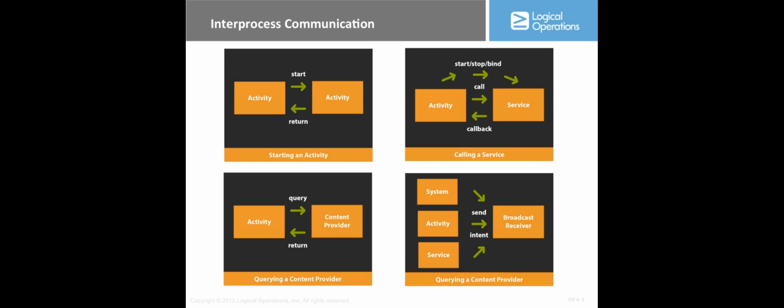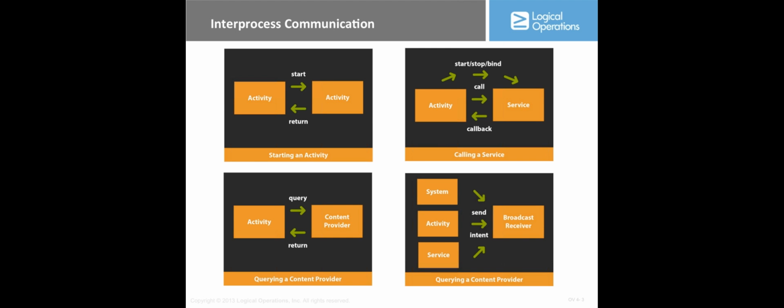As we talk through interprocess communication, there are certain definitions that we need to understand, components if you will: activities, services, content providers, and broadcast receivers. These are the basic components that any one application or series of applications are going to need to use the IPCs for.